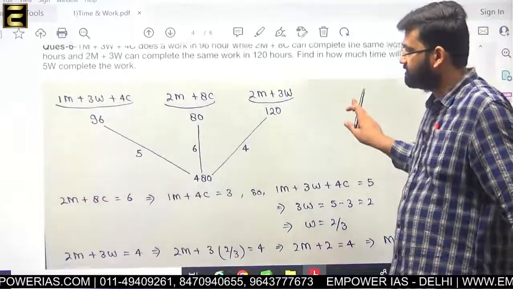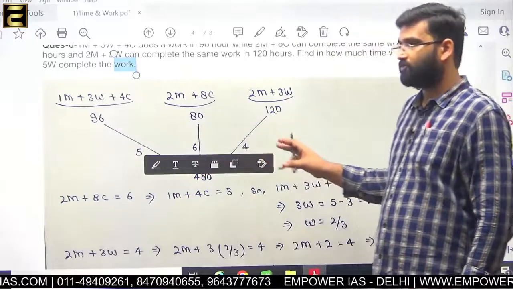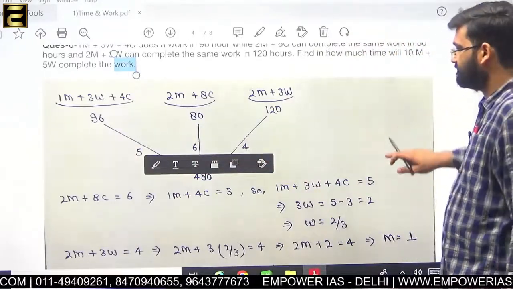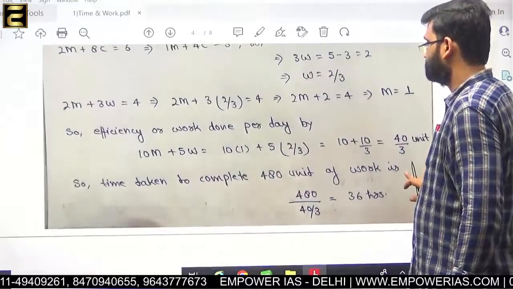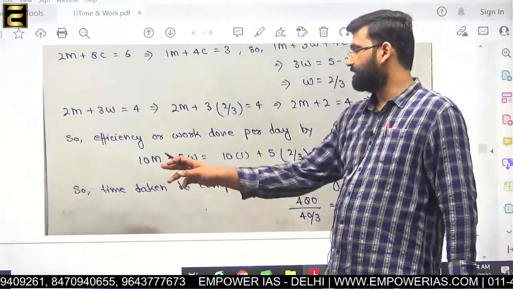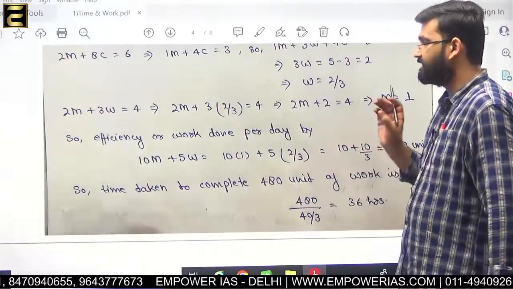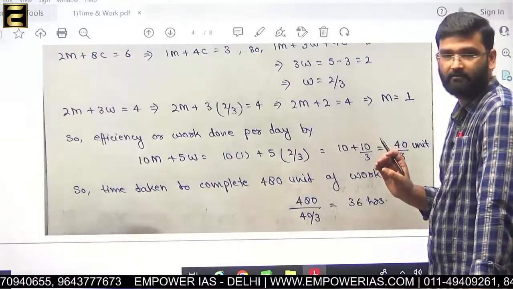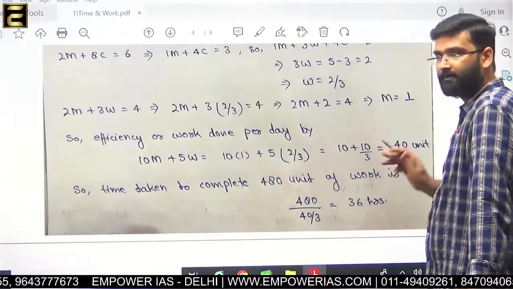Just like here 5 was the efficiency, here 6 was the efficiency, here 4 was the efficiency. In the similar manner, the efficiency of 10 men plus 5 women is 40/3 unit. Okay, it means that 10 men and 5 women is going to complete 40/3 unit of work per hour.